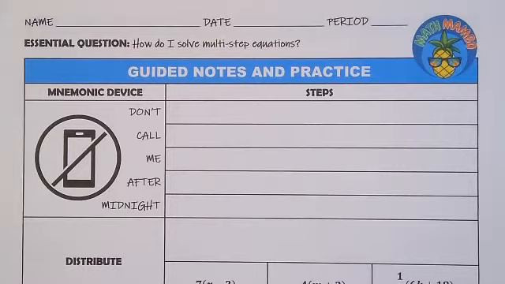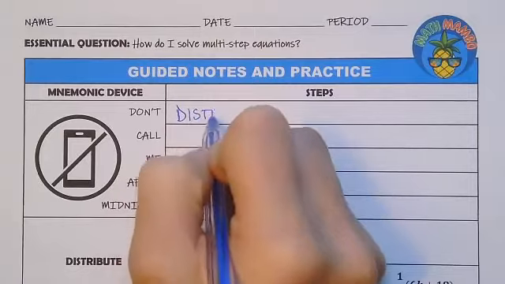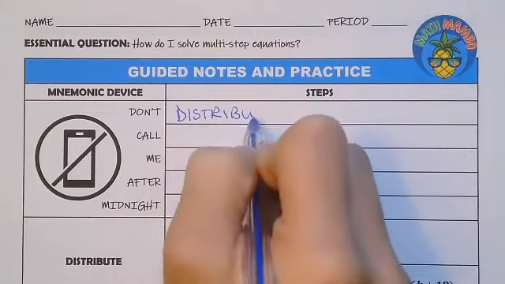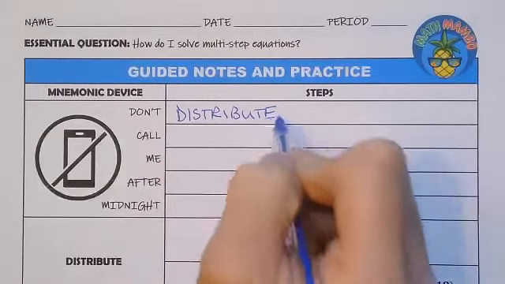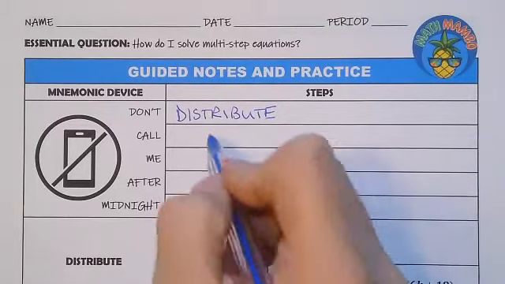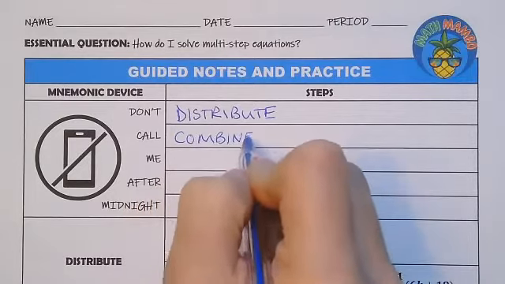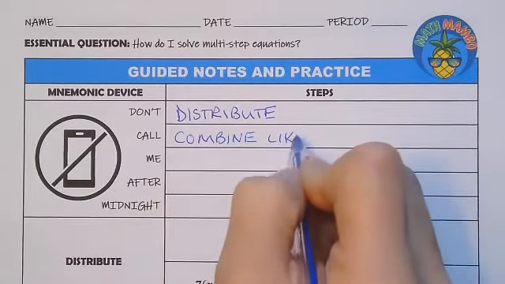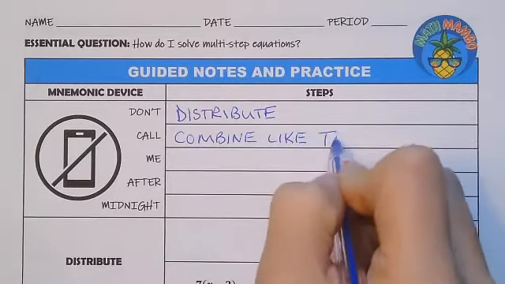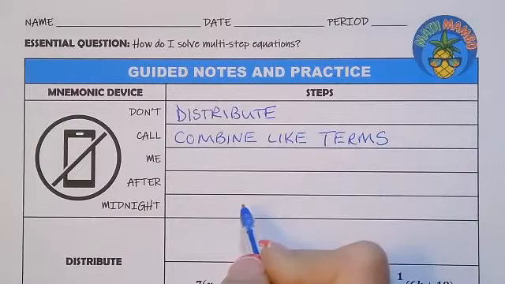The D in don't stands for distribute. The C in call stands for combine like terms. The M in me is move variable constant.